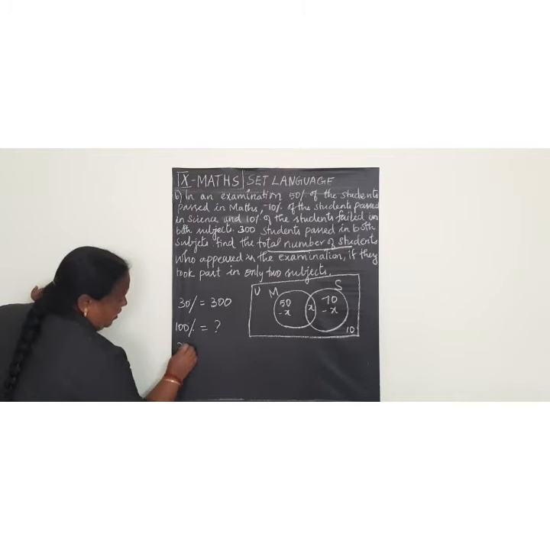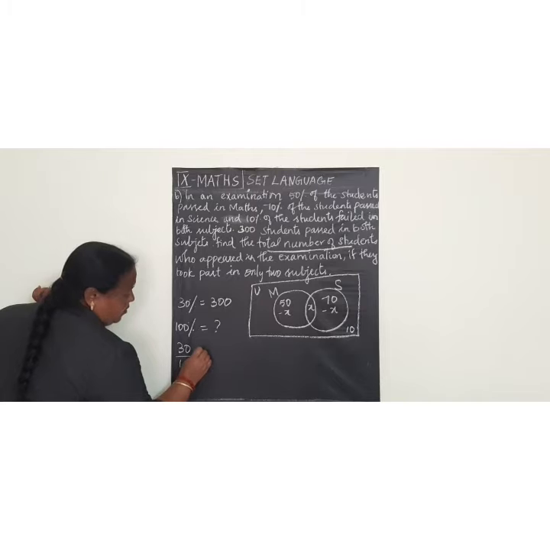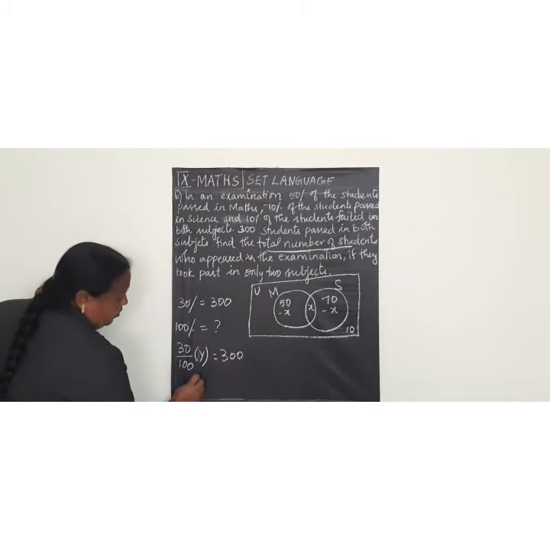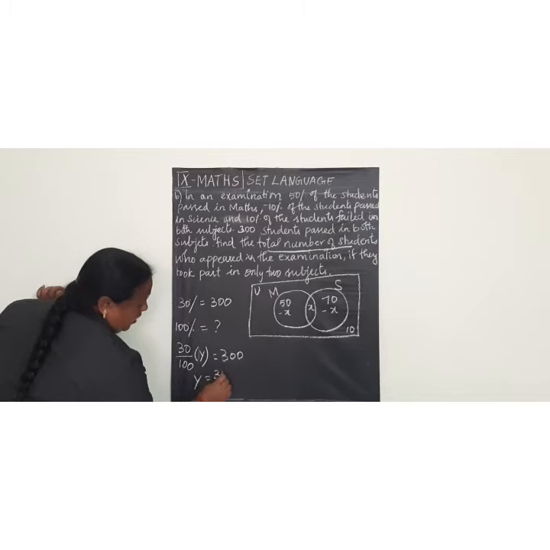So 30 by 100. We don't know the number of students, so we are taking that one as a y. If of this y, 30% of the students is 300. So y is equal to 300.